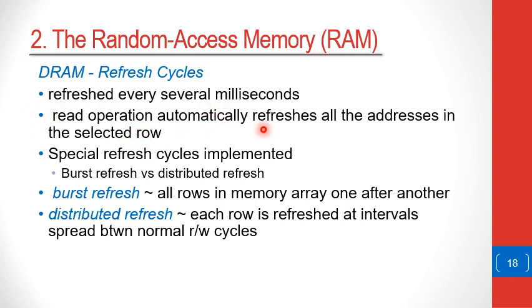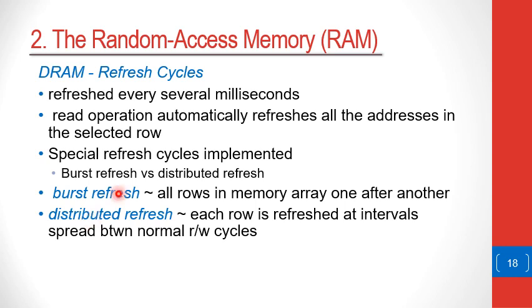The read operation automatically refreshes all of the data addresses in the selected row, which means if we were sure that each and every row was being read, then we wouldn't need to refresh the memory. However, since this cannot be guaranteed, the memory array has special refresh cycles.